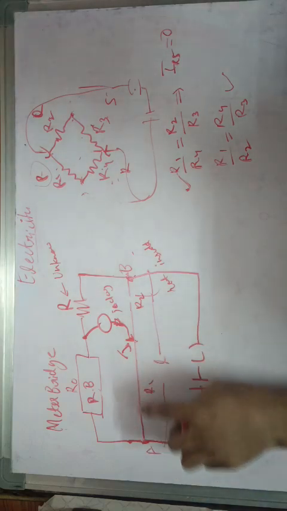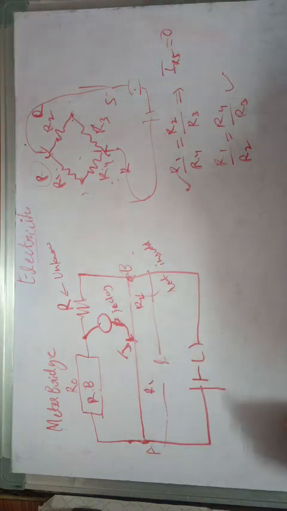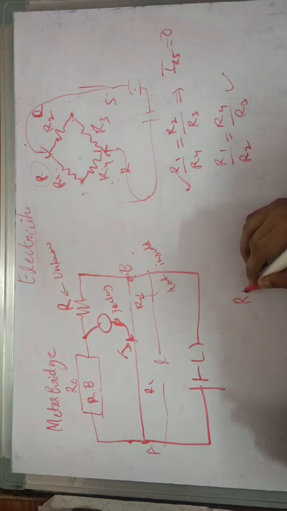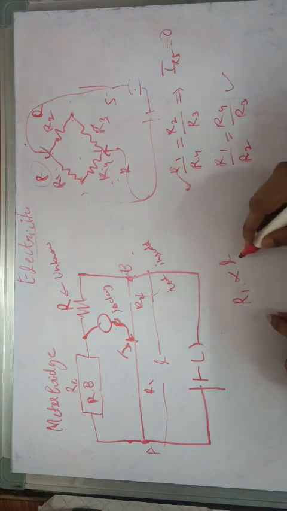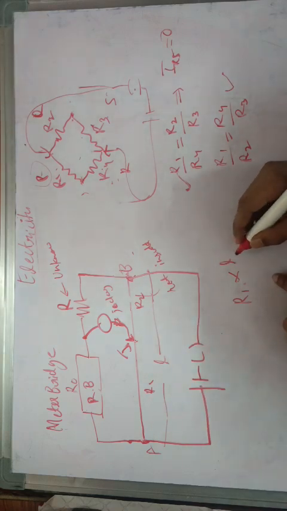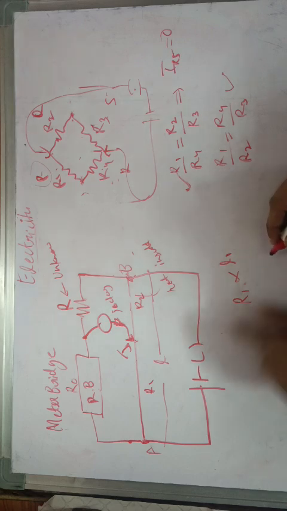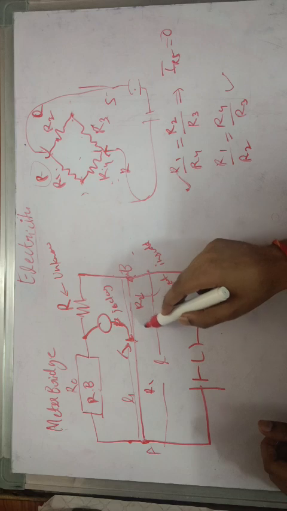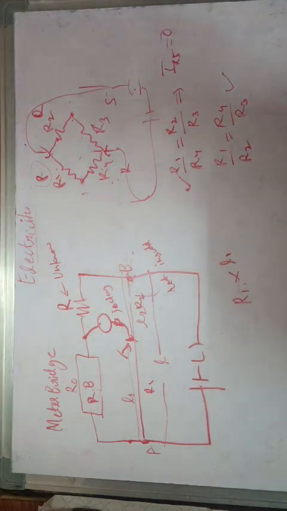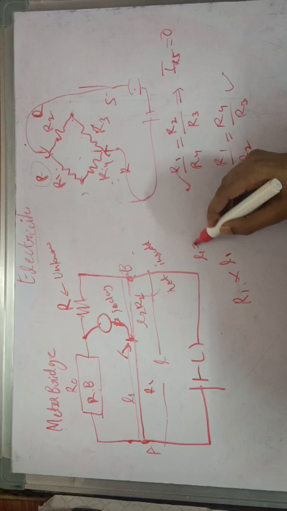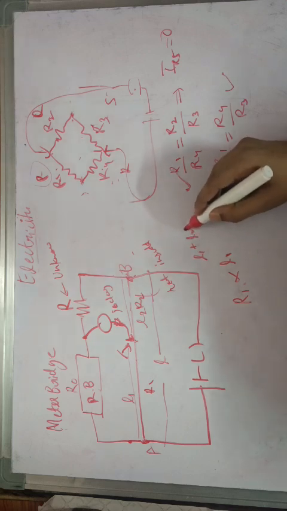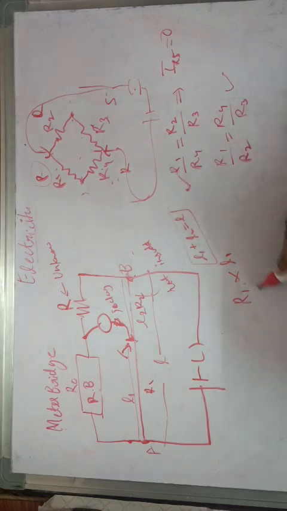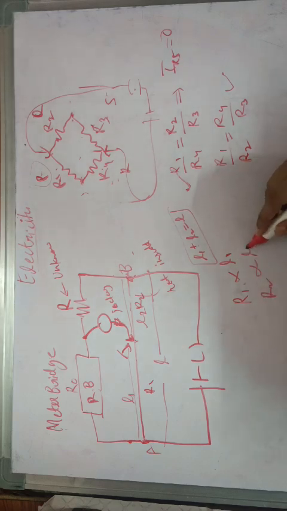So R1 is directly proportional to L1, which is the length from A to this J, and the length from B to J is L2, so L1 plus L2 is equal to L. R1 is directly proportional to L1 and R2 is directly proportional to L2.